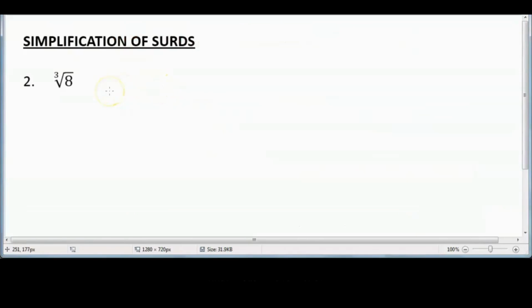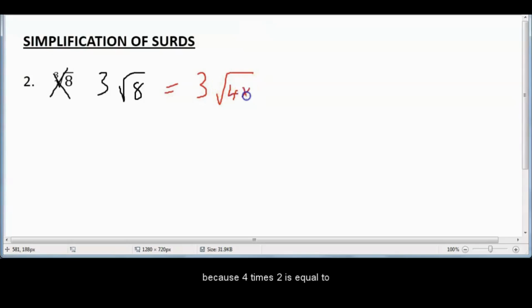What about 3 root 8? This stands for 3 times root 8. 3 root 8 can be rewritten as 3 into root of 4 times 2, because 4 times 2 is equal to 8.